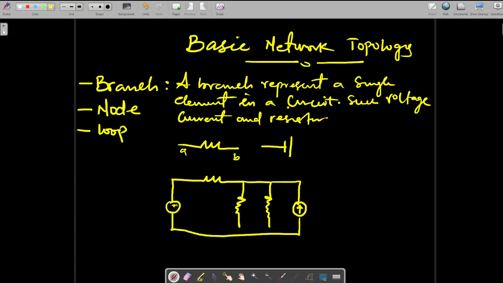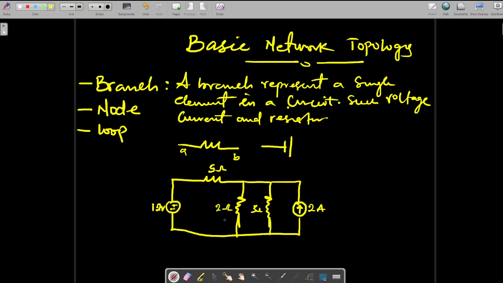Now if this is positive and this is negative, let's say this one is 5 ohms, this one is 2 ohms, and this one is 3 ohms. Then let's say this is a current of 2 ampere and a potential difference of 12 volts.